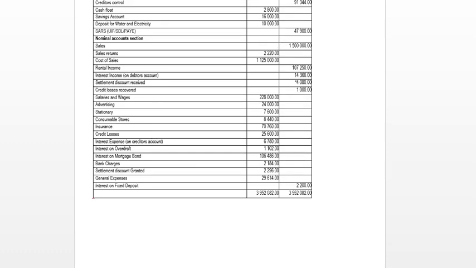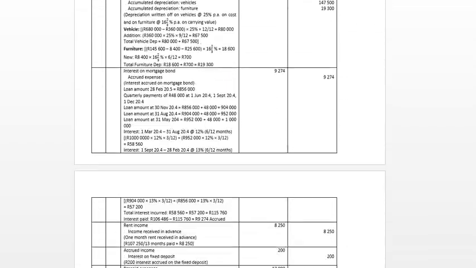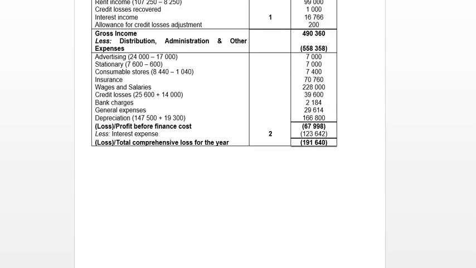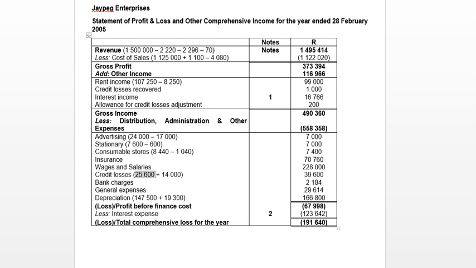And then we had our salaries and wages of 228,000 Rand. We don't make any other adjustments to that. Our insurance of 70,760 and our credit losses of 25,600 Rand. So our insurance 70,760, our wages and salaries 228,000 Rand, and our credit losses was 25,600 Rand.